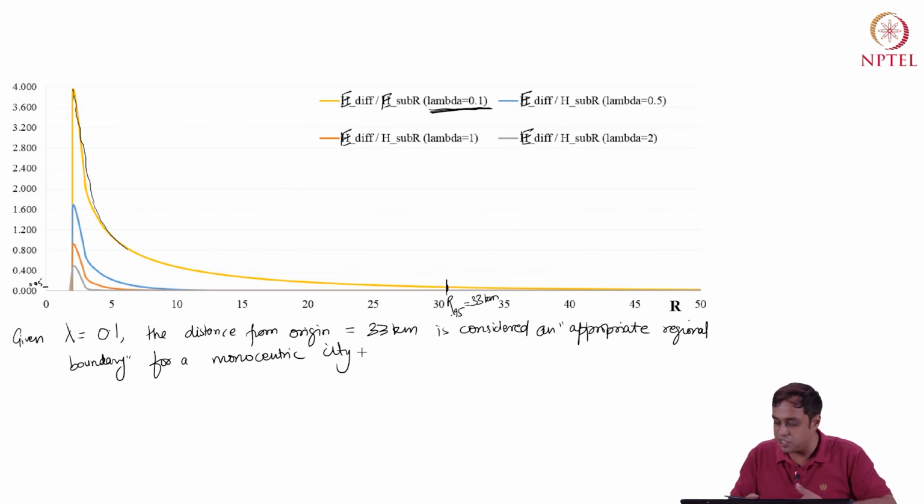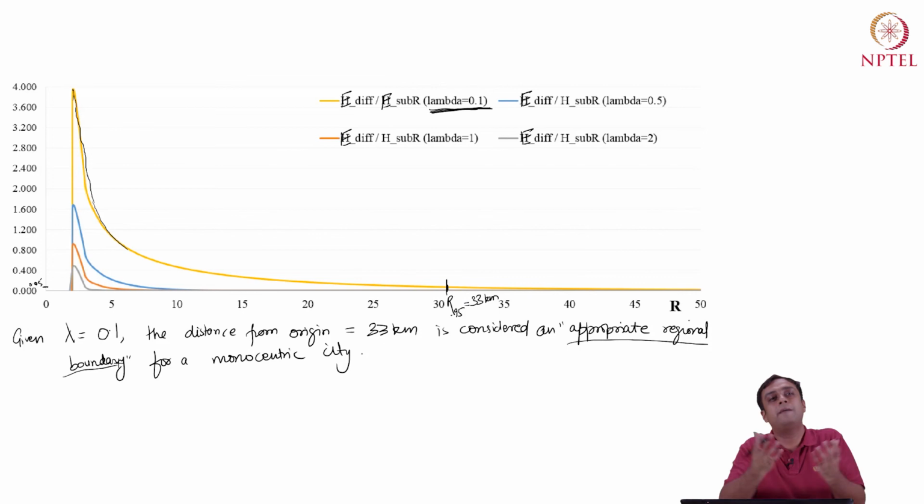And what is the definition of the appropriateness of this regional boundary? That it is able to capture 95% of the variation, right?